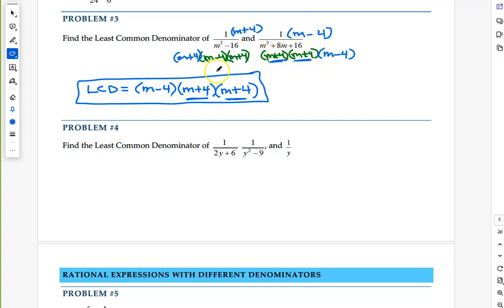Don't I need to, when I enter the response, enter in the first denominator the other m plus 4? Because it's m minus 4 and m plus 4. Yeah, so we need to multiply it by another m plus 4 so that this one has 2 m plus 4s, because this side has 2 m plus 4s.